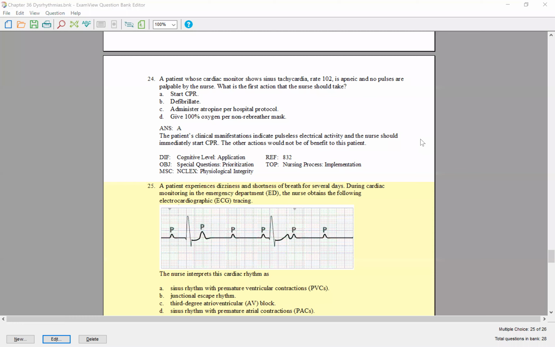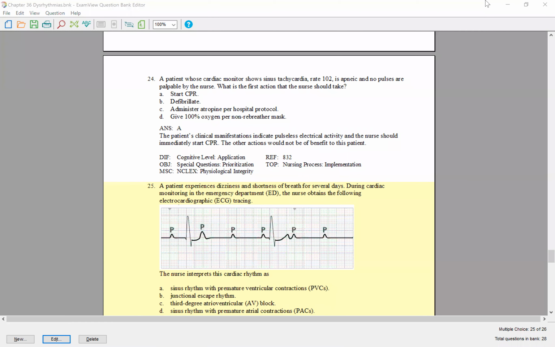What is this rhythm? Is it a second degree AV block? Third degree AV block. So remember how I said I thought in third degree the P wave was gone? No, that's second. So what is a mnemonic or something that you would remember for this one?